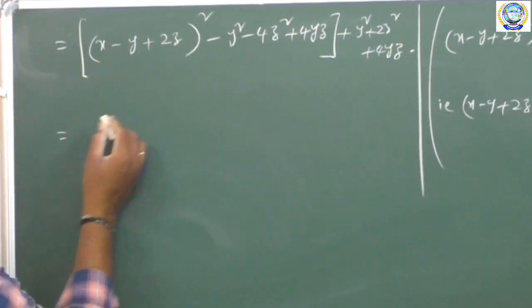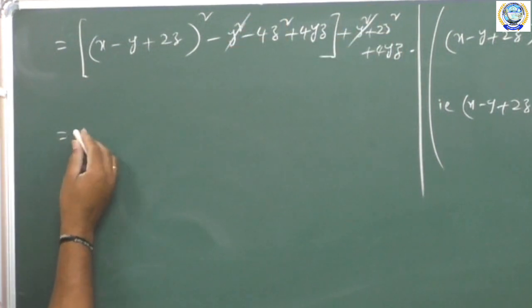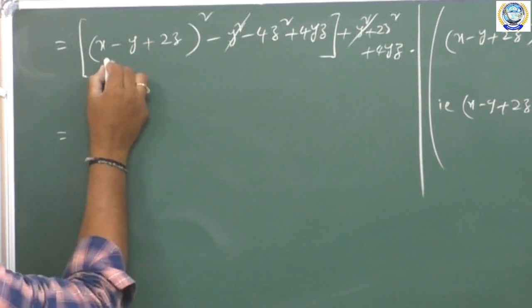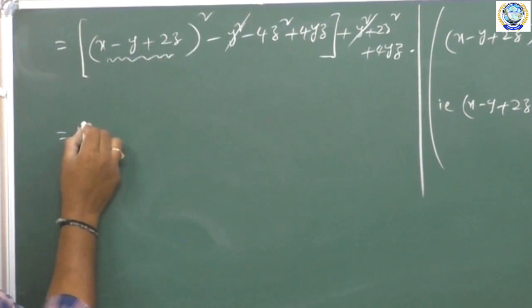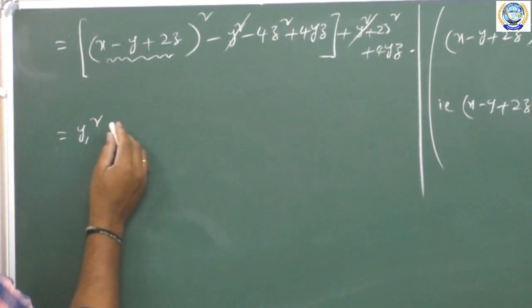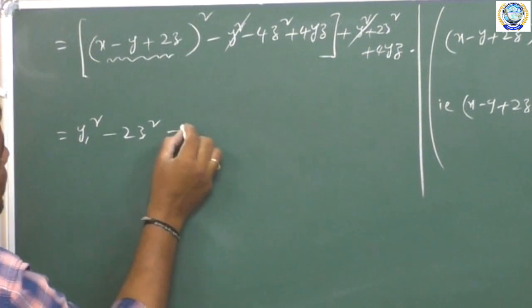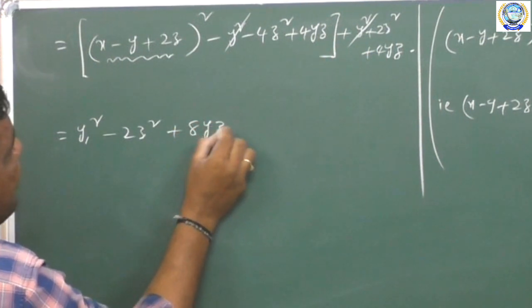So this is equal to, here these two values are cancelled. This can be taken as y1, so it is y1 square minus 4z square plus 2z square, so it is minus 2z square plus 4yz plus 4yz, it is 8yz.